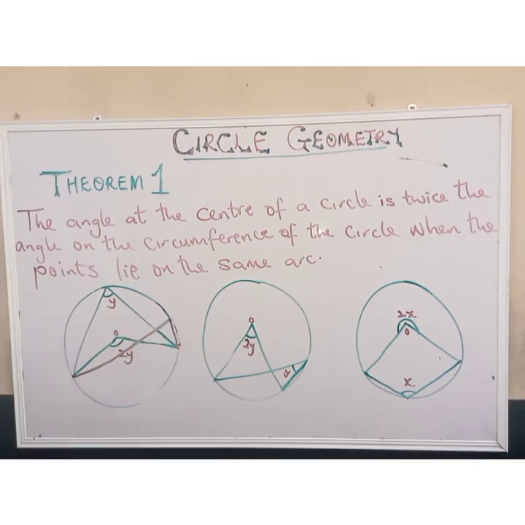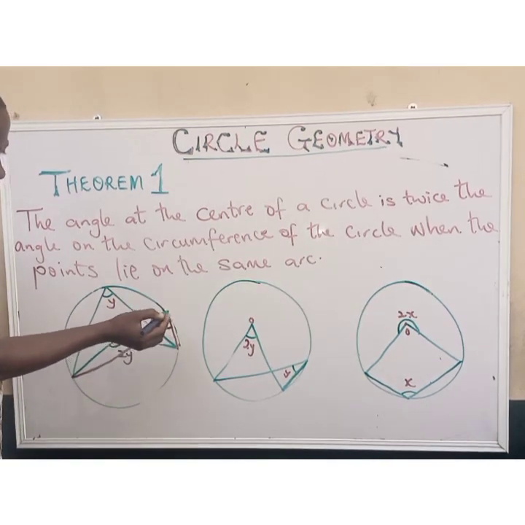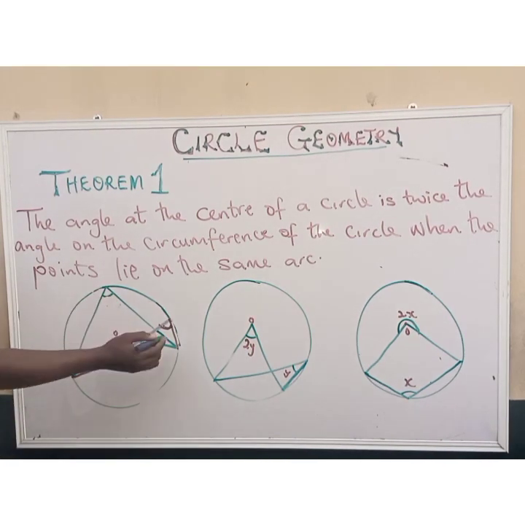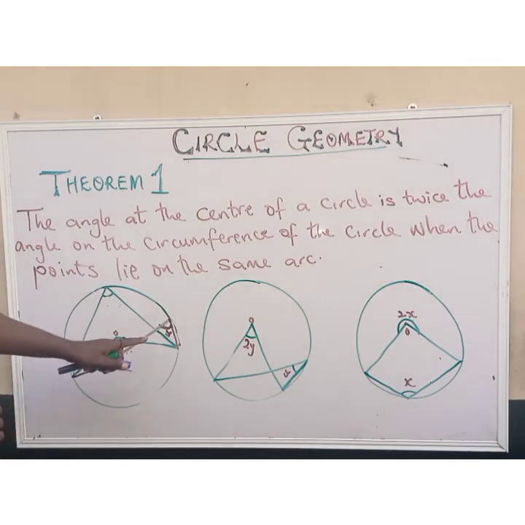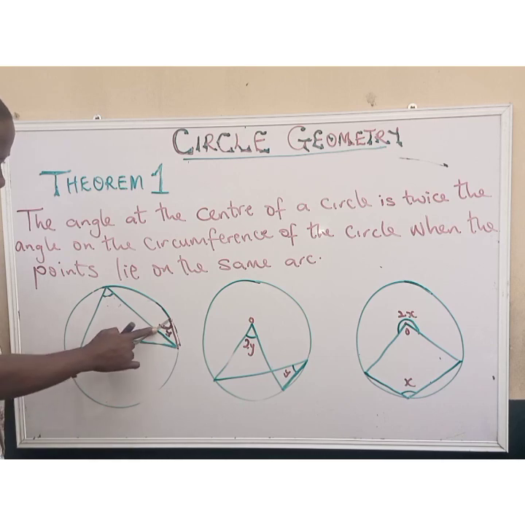So in this situation, this is the center of the circle. Now this is another angle that touches the circumference. So in this case, you may have your angle y here, and this one will be your angle 2y. Now the same theorem is applicable to it. You have to take note of that. So that is what we are going to explain in the next illustration. So let's quickly explain that.